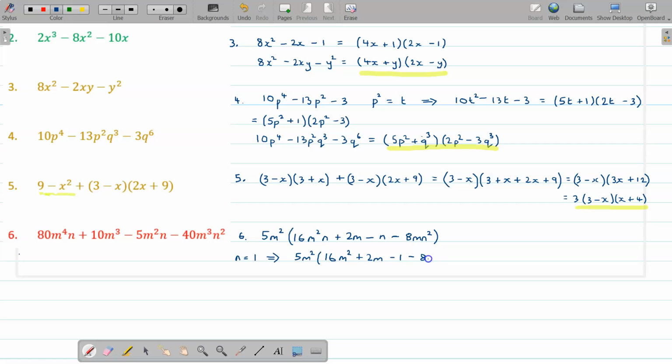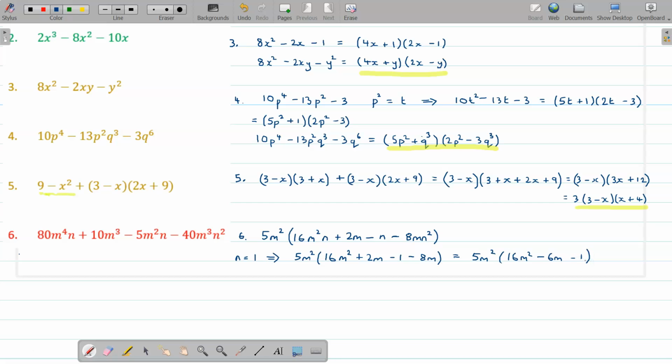Now what we've done is we've created two like terms that we need to combine. So in fact we should rewrite that as 5m squared, 16m squared, and it's going to be plus 2m minus 8m, which is minus 6m, and minus 1.